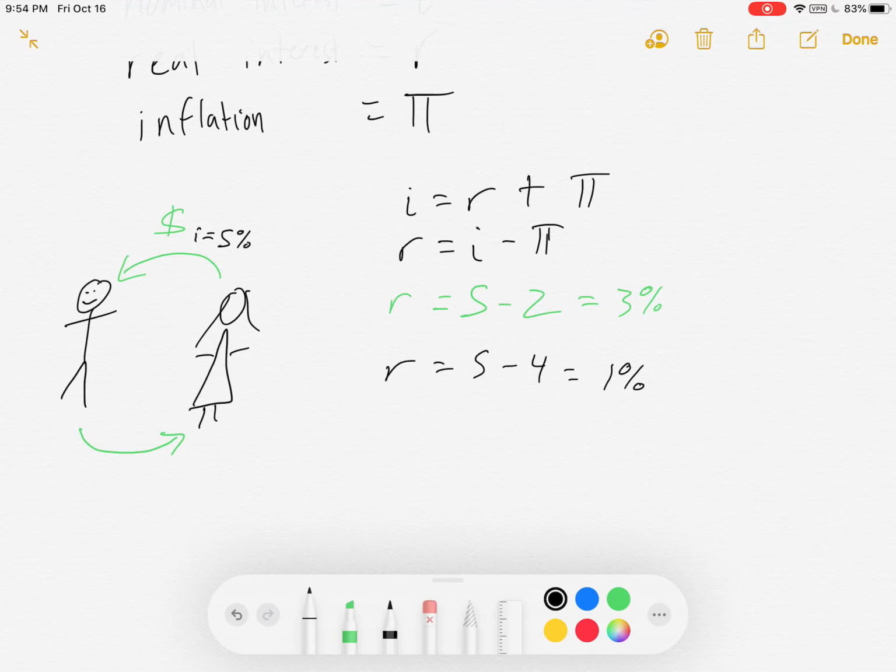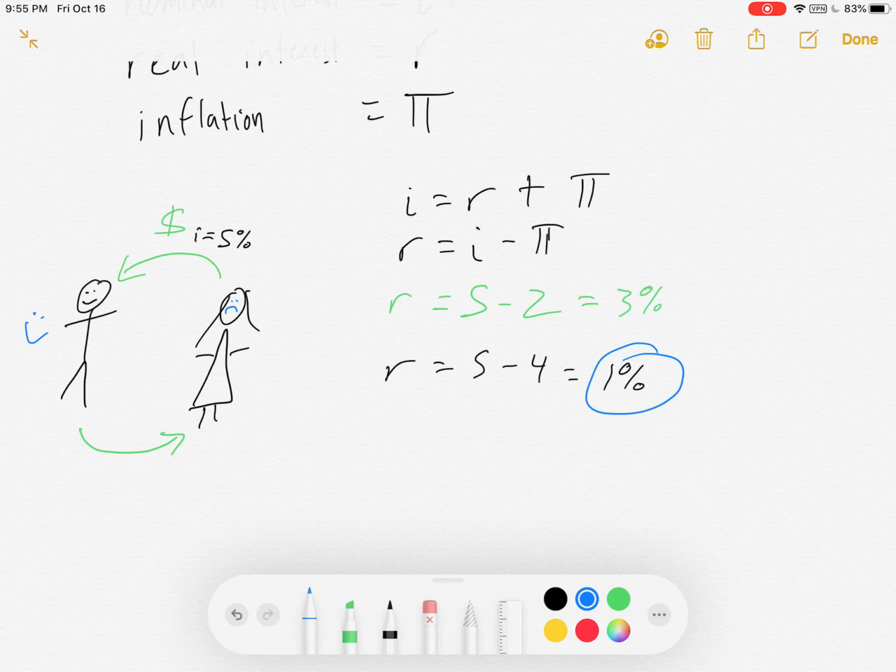Who benefits from this unexpected high inflation? Bob does. Bob, as a borrower, is happy when inflation goes up. Why? Because it means that the money he pays back to Sally is less than what they initially planned on. The real value of those dollars goes down, so his real interest rate falls. Sally, on the other hand, not happy, because she thought she was going to get a 3% real interest rate and only got a 1%.